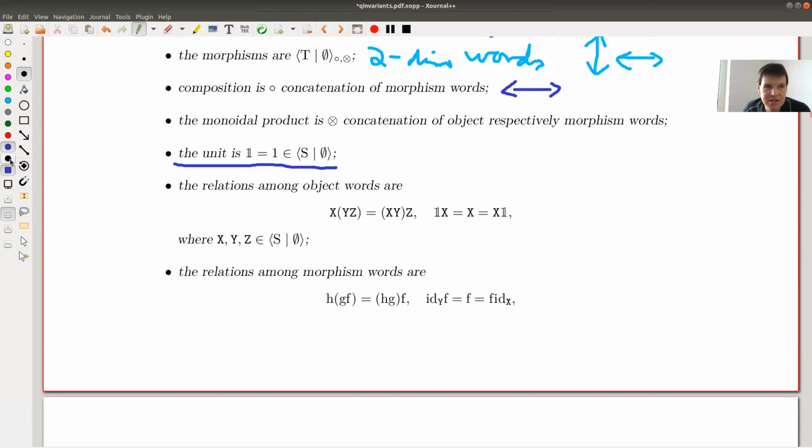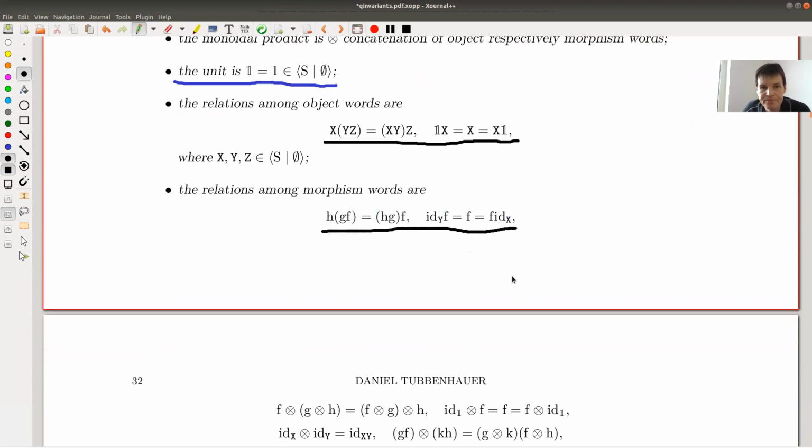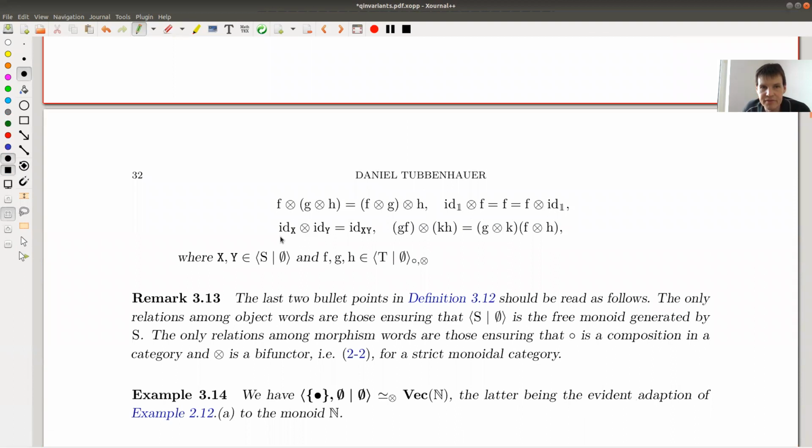You impose relations to mimic what you think should be true, right? So this looks a bit more complicated, but this one here is the interchange law, which you need to impose, which is going this way and going this way.